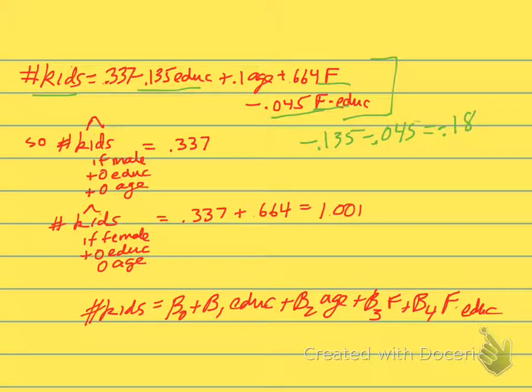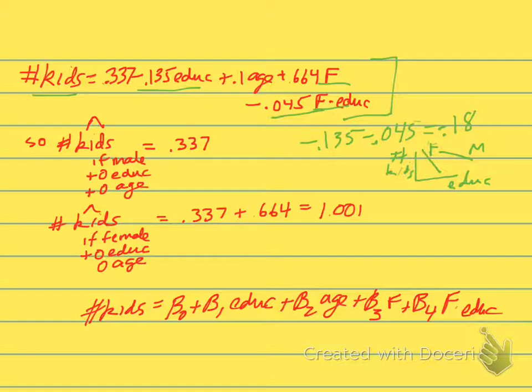Negative 0.18. So the relationship between education and number of kids is steeper for females and flatter for males. It's negative for both of them, but it's steeper for females. That's what that interaction term is telling you.